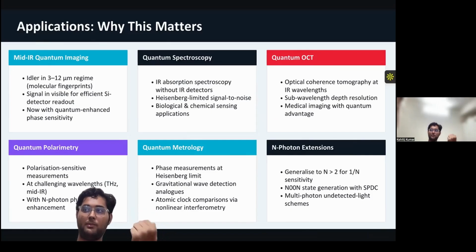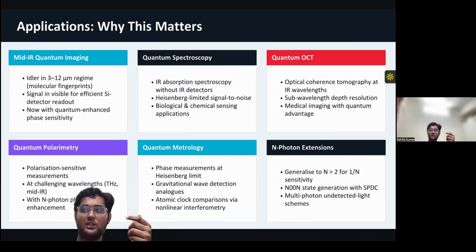So first is the mid-IR quantum imaging. Molecules have strong vibrational absorption features between 3 and 12 micrometers. This is called the molecular fingerprint region. If you want to identify a compound or image a biological sample at high contrast, this is the wavelength range you care about. The problem is that mid-IR detectors are expensive and need cryogenic cooling.